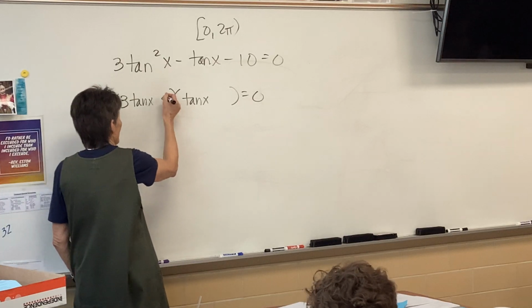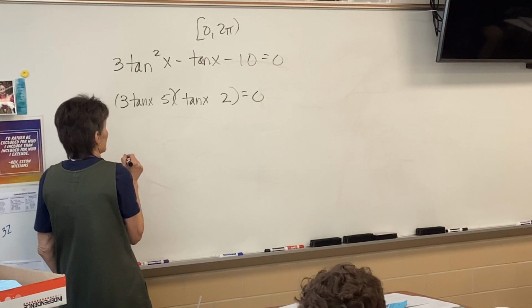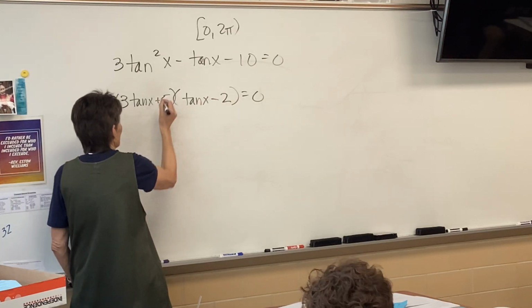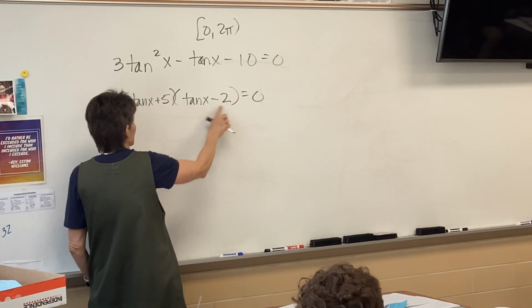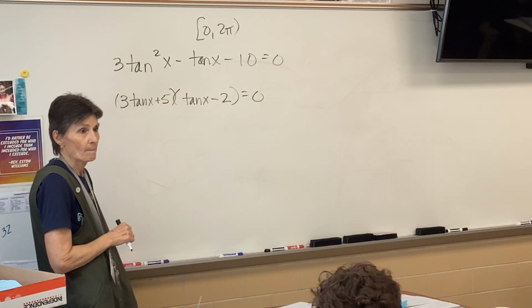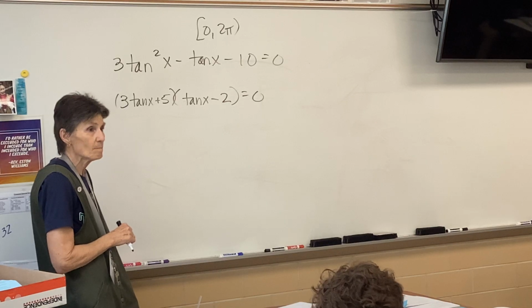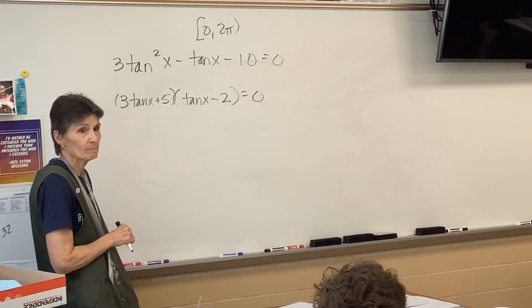So how about 5 and 2? Because that'll give me -6 and +5. It takes a minute to figure out the factoring, but you guys can do it.